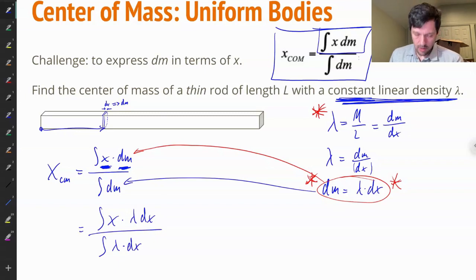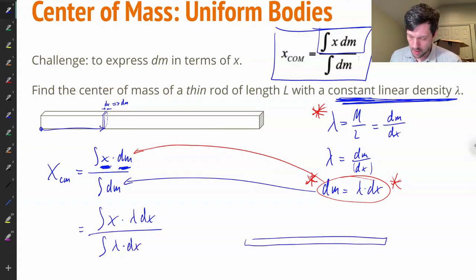Now, I wish I'd said this earlier. We're going to pause for a sec. Let's just visualize a uniform bar, a straight rod of aluminum. Where do you think its center of mass would be? Intuition tells me that it's going to be in the middle. Each of these little masses here is going to offset each of the masses on the other side, because it's got equal density everywhere.